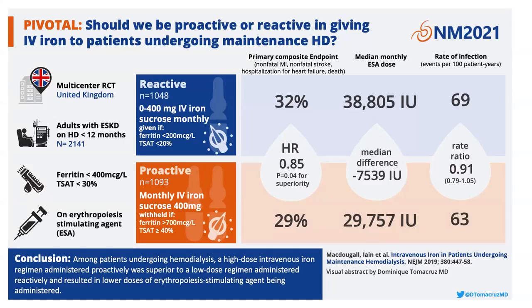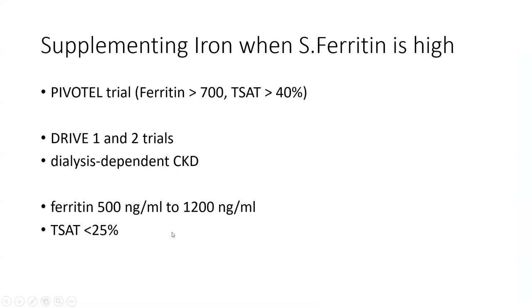We always had this notion that treating with iron in excess would create problems, and there were not many problems. The proactive group kept on getting iron till the ferritin was more than 700 or TSAT more than or equal to 40. So that may be the reason why this particular approach of IV iron was chosen.